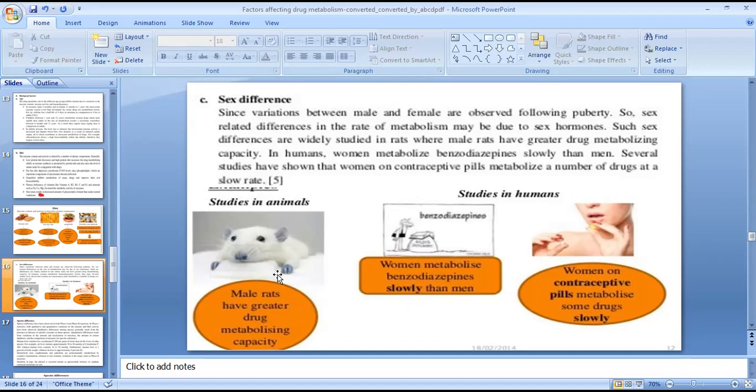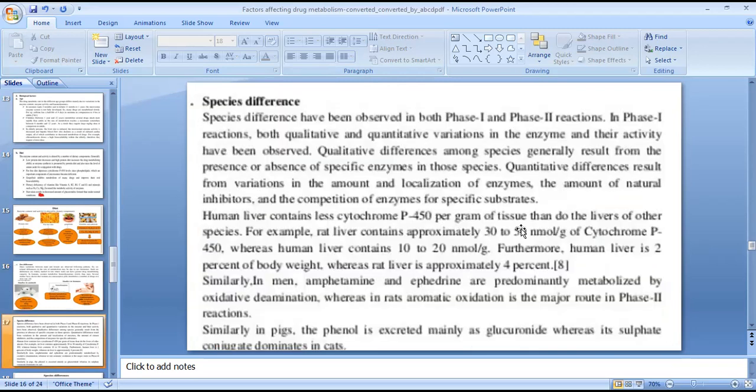Now, studies in humans: women metabolize benzodiazepine very slowly compared to men, and women who take contraceptive pills metabolize some drugs slowly.